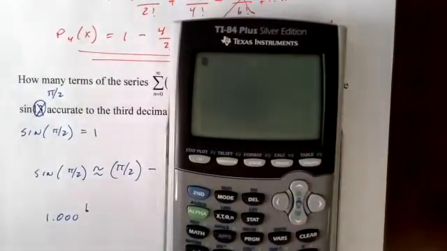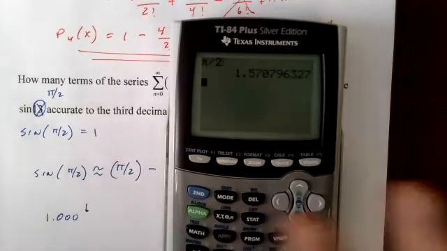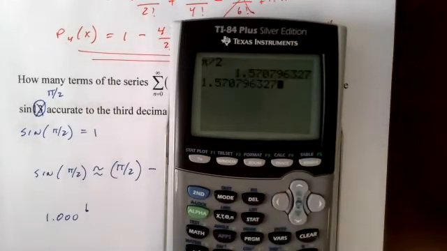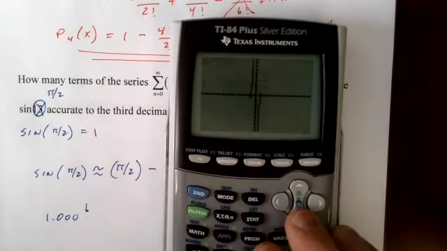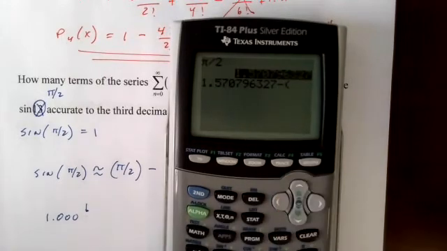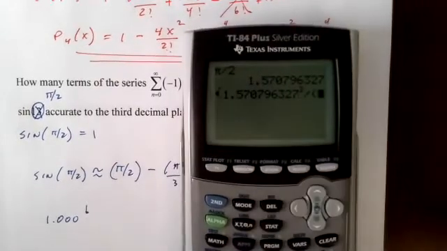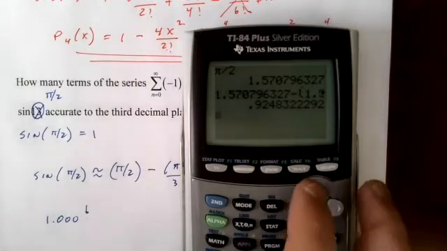So see if I can do this intelligently. I doubt it. I don't really trust myself. There's pi over 2. So that, what's the first one? Minus, oops, told you I couldn't do it. That to the third divided by 3 factorial, 3 times 2. That's the first 2 terms, 0.924, not bad.